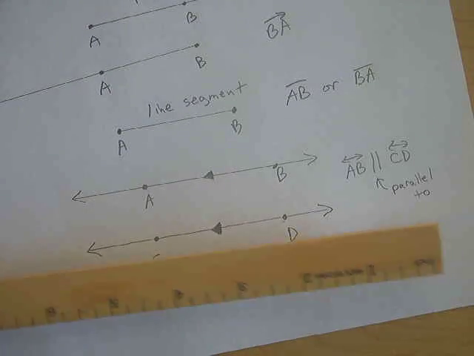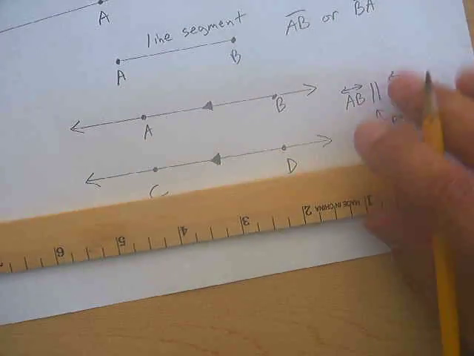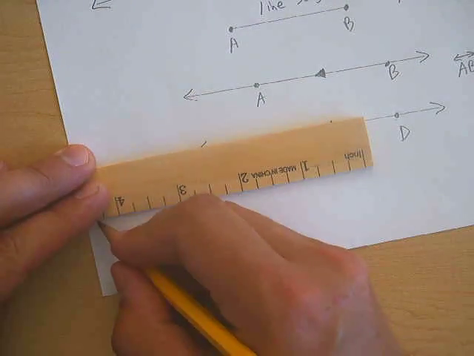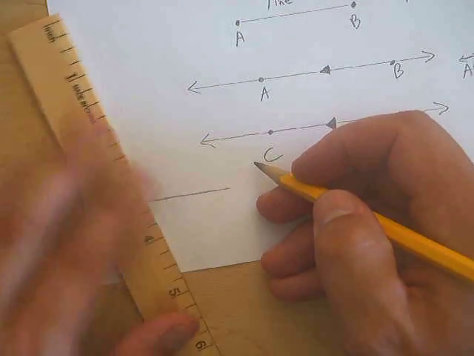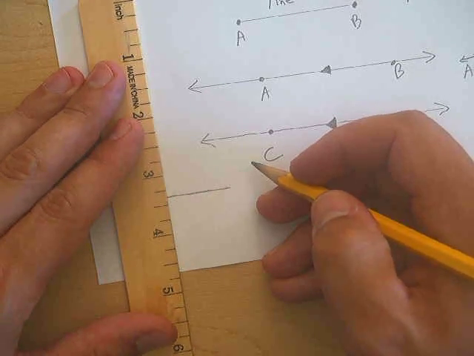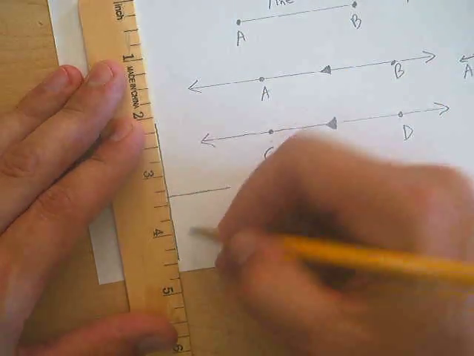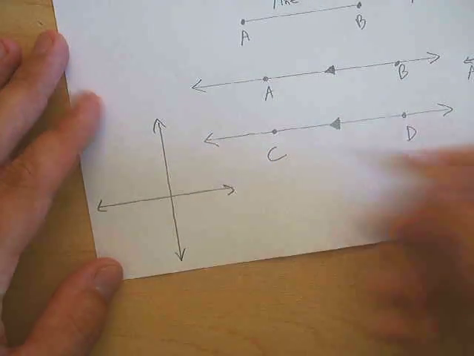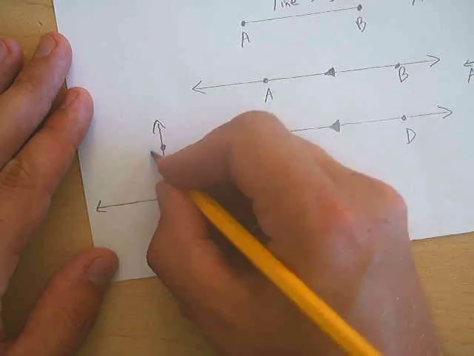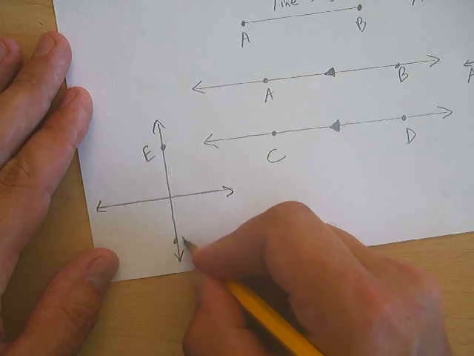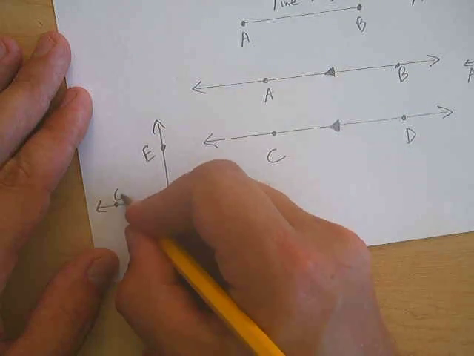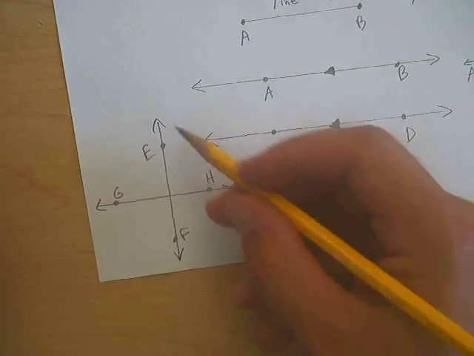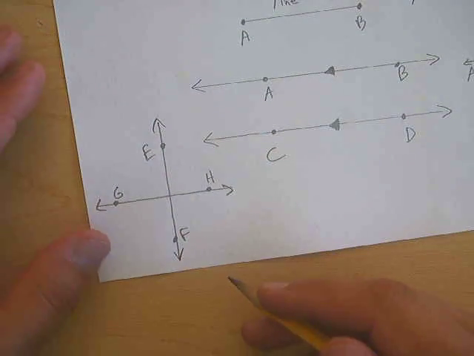So lines can be parallel, and lines can also intersect. Now there's a special type of intersection, and I'm just going to freehand this a little bit on the side. So it might not be perfect, but it'll look like it is. Let's say this is line EF, and this is line GH.